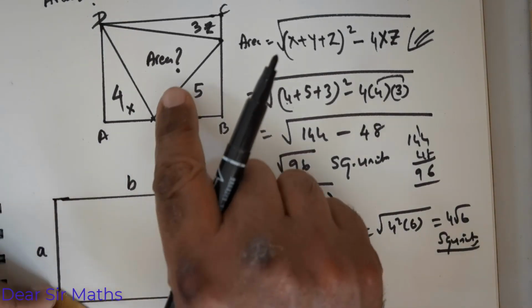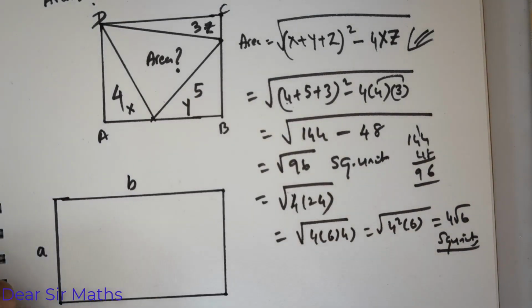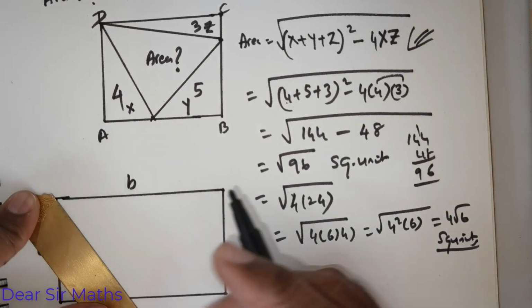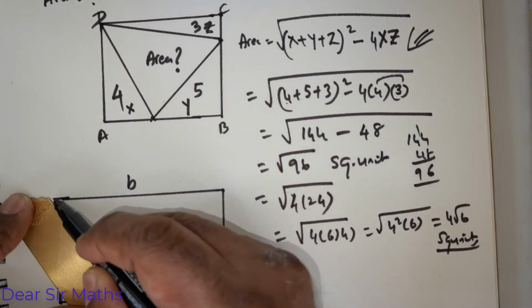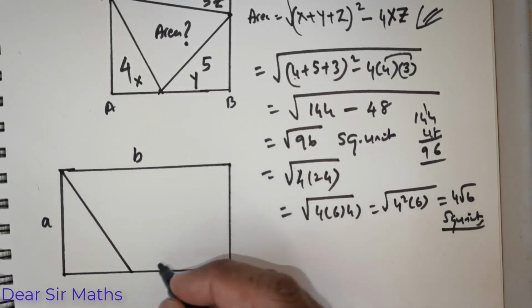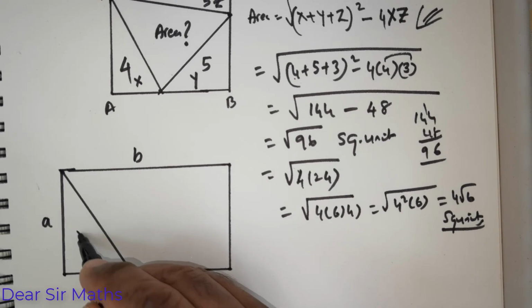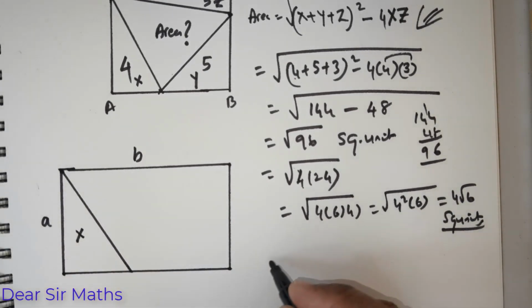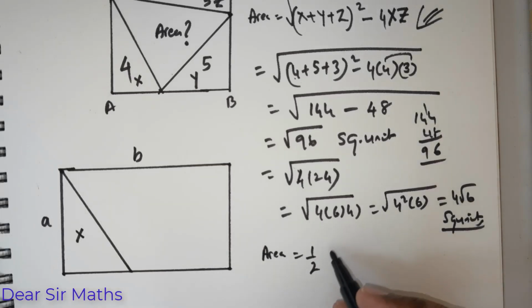Now let me consider the first triangle. So let me draw the first triangle. So this is the first triangle and this area is x units. Now we know that the area of a triangle is half into base into height.